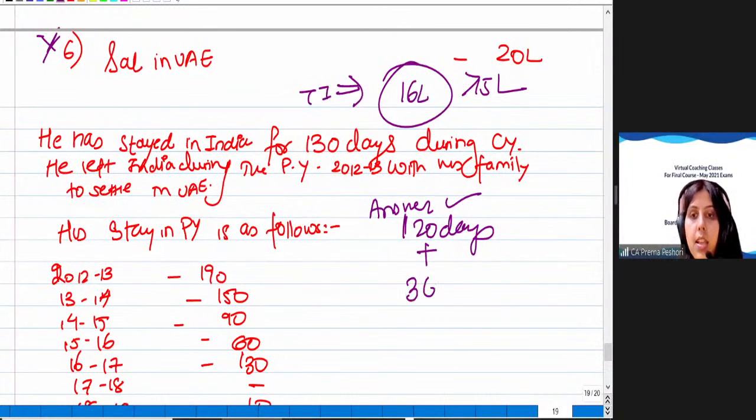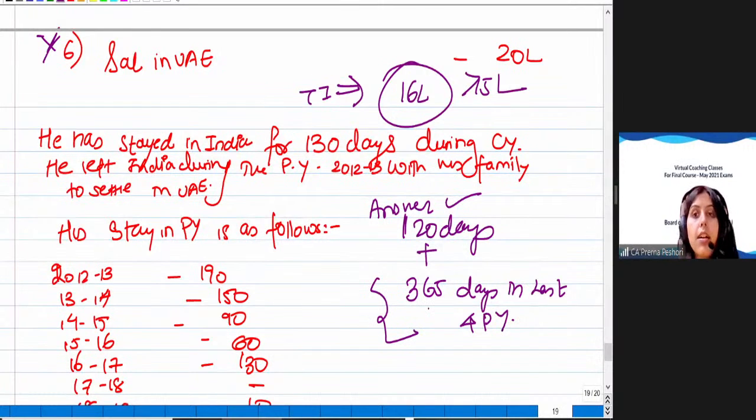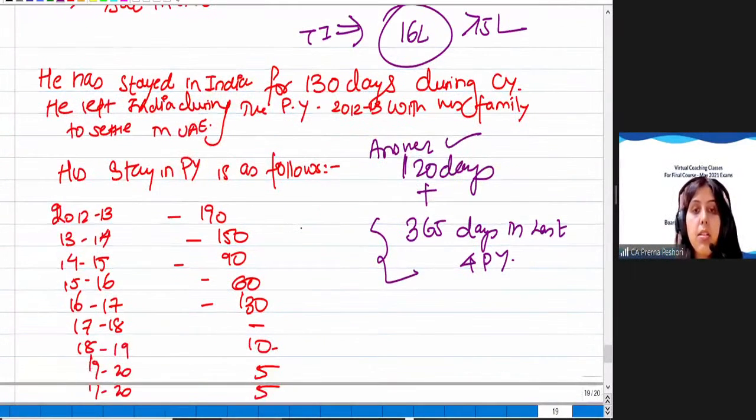Plus 365 days in last 4 previous years. Right? So in the last 4 previous years, how many days has he been present?